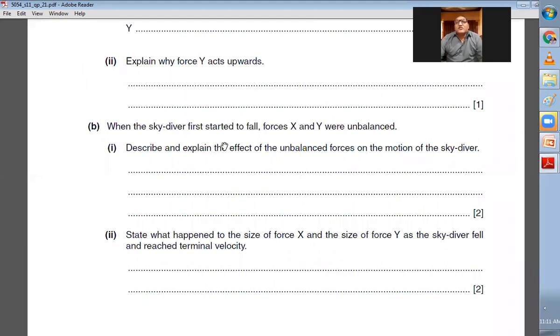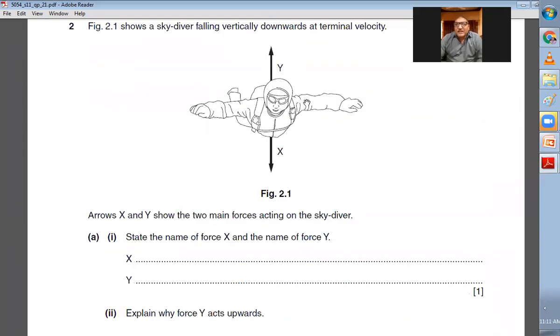The next question is: when the skydiver first started to fall, forces X and Y were unbalanced. Describe and explain the effect of the unbalanced force on the motion of the skydiver. When the skydiver starts falling, throughout this fall the weight will be constant. The weight at that height will not change much. So let's suppose that the weight remains constant.